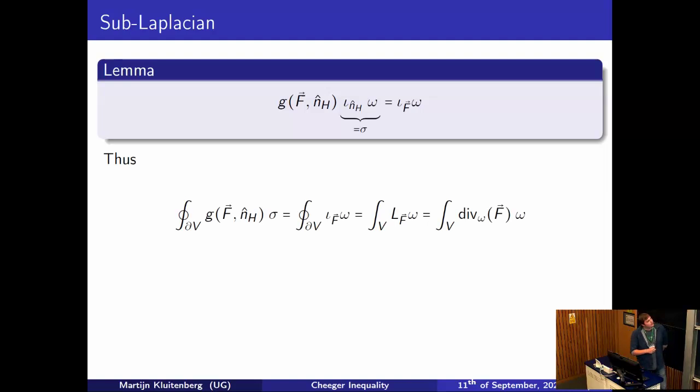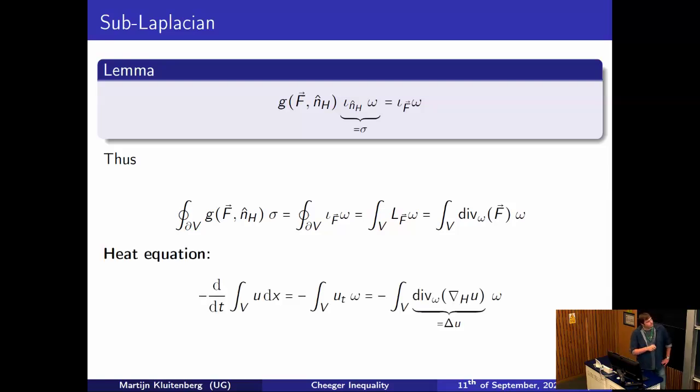So if you plug that in, remember we had the integral over the boundary of F dot NH integrated over the volume form. This is now the insertion of the flux into the volume form. And by Stokes' theorem, I can move this partial d here to get the Lie derivative. And this should be equal to the divergence of the vector field.